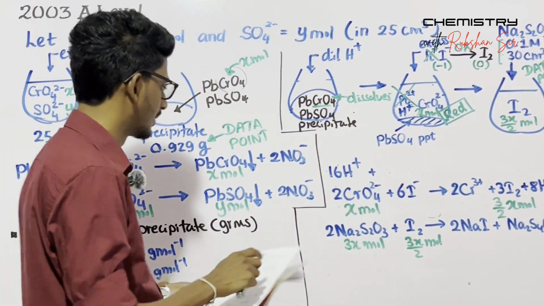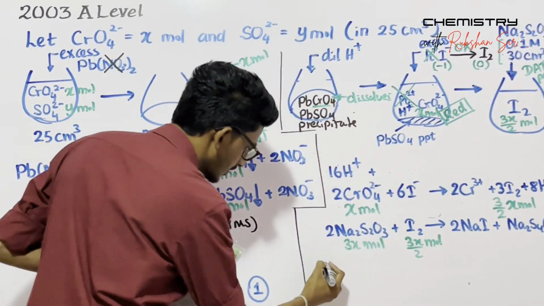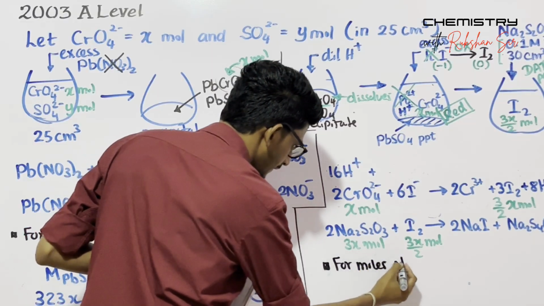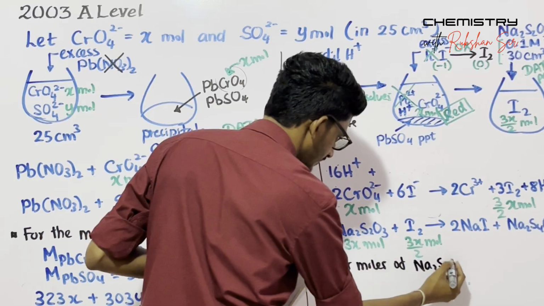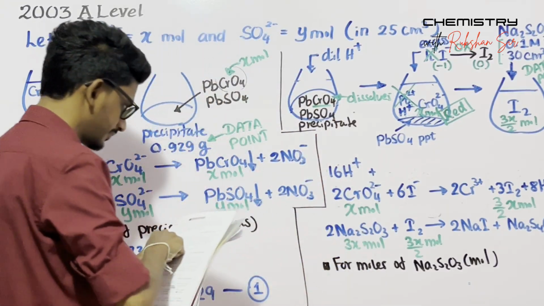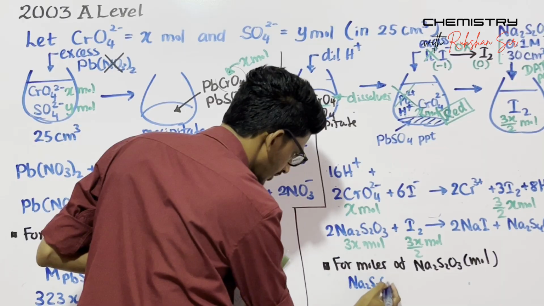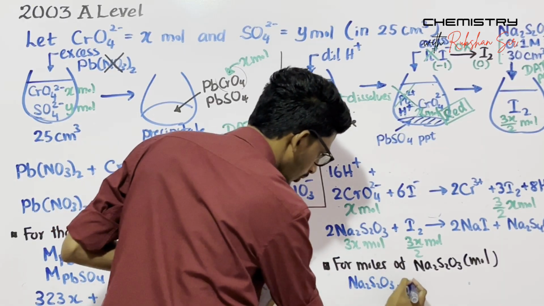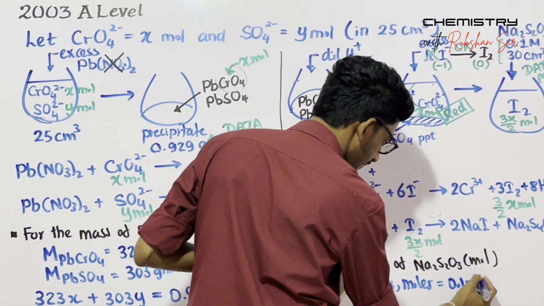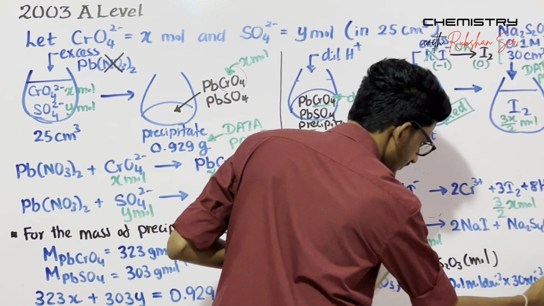So now we can come up with the second simultaneous equation, which is for the moles of sodium thiosulfate. That is your second data point, right? So that is going to be 3x, and on the other hand, Na2S2O3 moles is equal to 0.1 molar into 30 cubic centimeters, right?